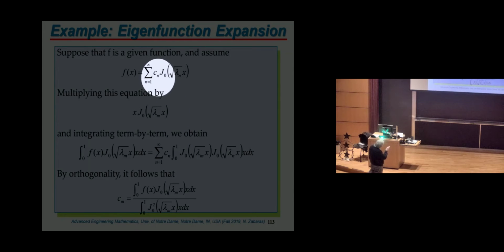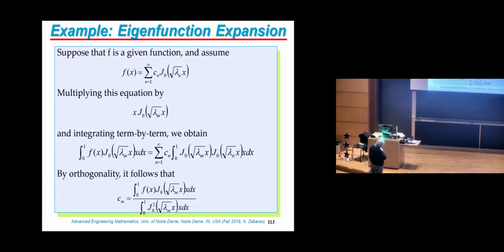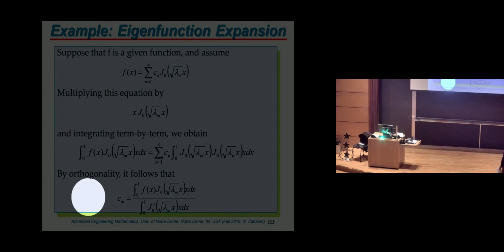Because to get Cm, I'm going to have to use the orthogonality of the J0s, okay, and get rid of all the other n's, but only the m term. And the m term is going to be this integral of J0 squared of this x dx. I mean, unfortunately, the Bessel functions, looking at this equation, don't seem to be normalized, okay? So you basically are going to have to calculate this integral.